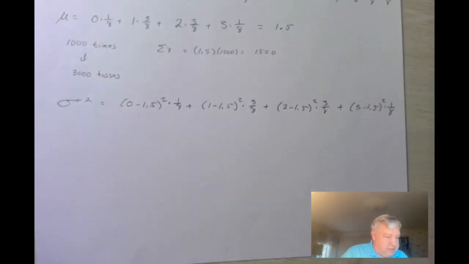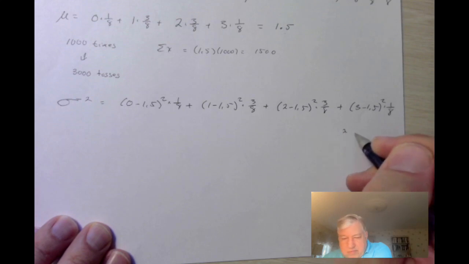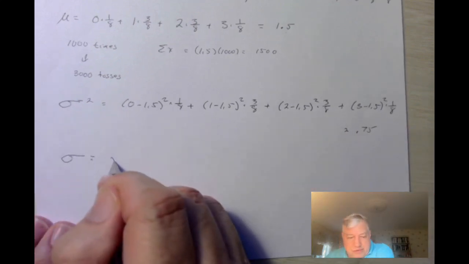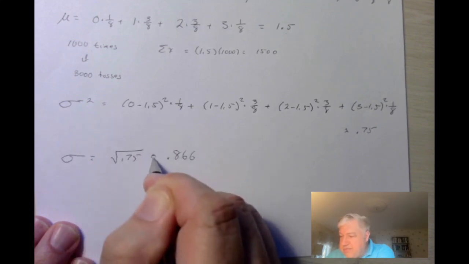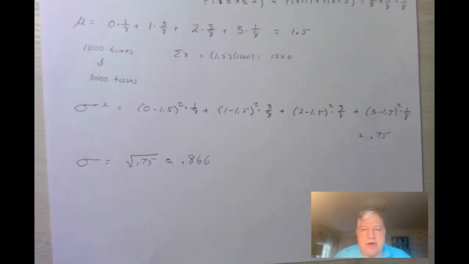If we compute all of this, and I did that ahead of time, this turns out to be approximately 0.75, and then the standard deviation is the square root of 0.75, which is about 0.866. So this would be the standard deviation, and this would be the variance.